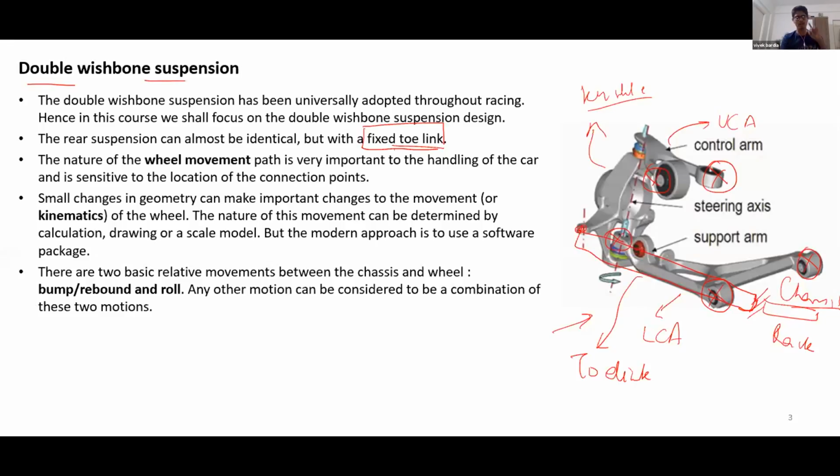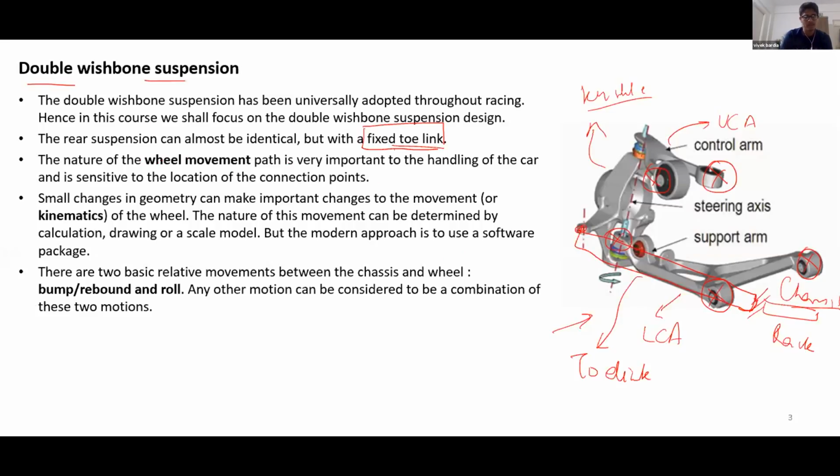So the only difference between the front and rear suspension is the toe link. And even in the toe link, you would have just the length of the toe link that is varying, and we will look at how the length of the toe link influences bump steer, but basically it is only the toe link that varies, right? Okay, we'll get back to this in the coming slides.